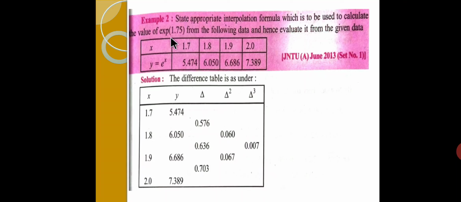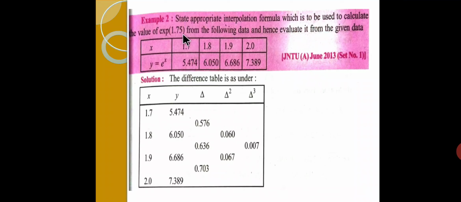So here the given function is exponential of 1.75. We observe the tabular values for the given arguments x as 1.7, 1.8, 1.9, 2.0. The difference between two arguments is equal, so the given arguments are equally spaced. When the given arguments are equally spaced, we have two methods, and the first one is Newton's forward interpolation.